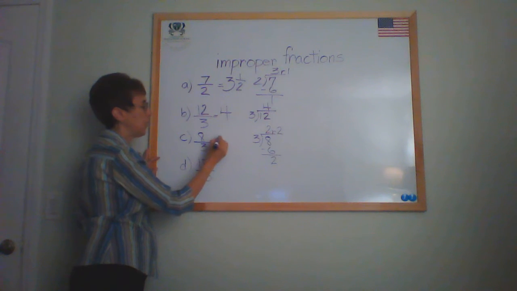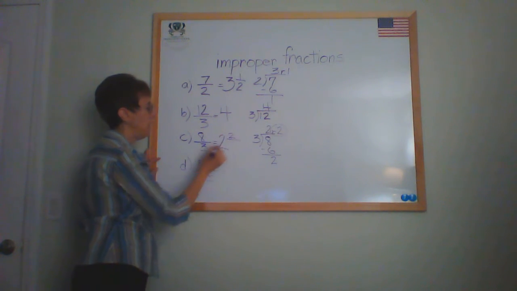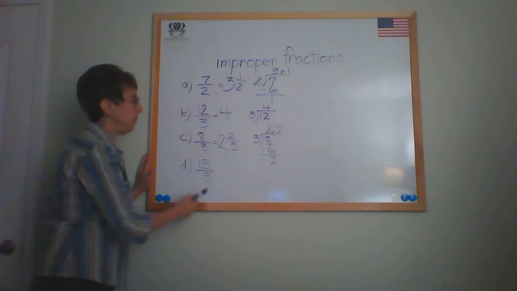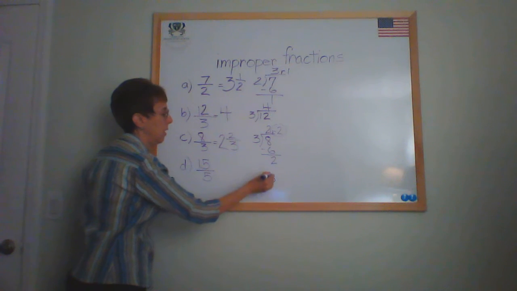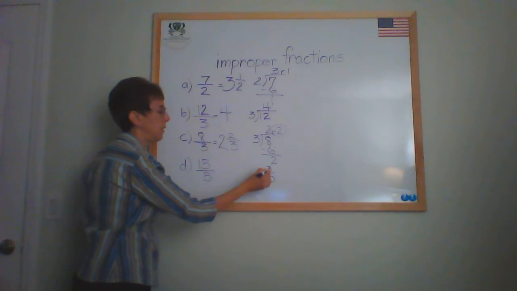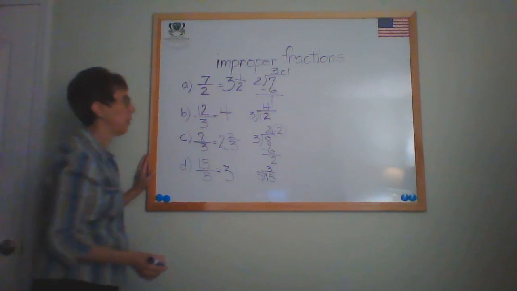That becomes our mixed number: 2, our remainder, is the numerator, and the denominator stays the same. And then 15 fifths. 15 divided by 5 goes evenly. 15 divided by 5 is 3. So here you have the whole number 3.